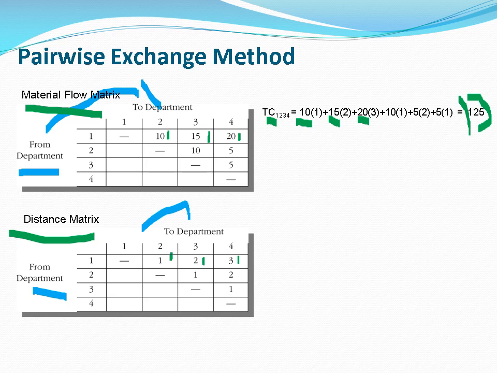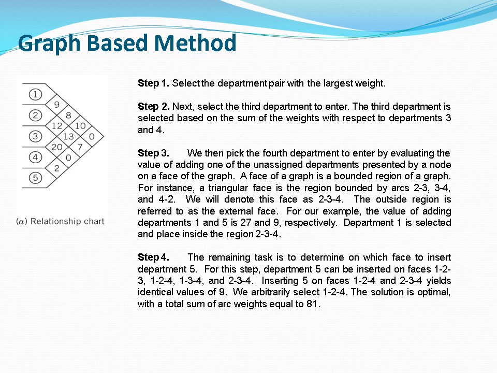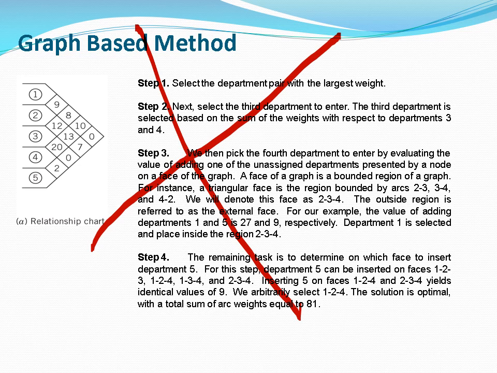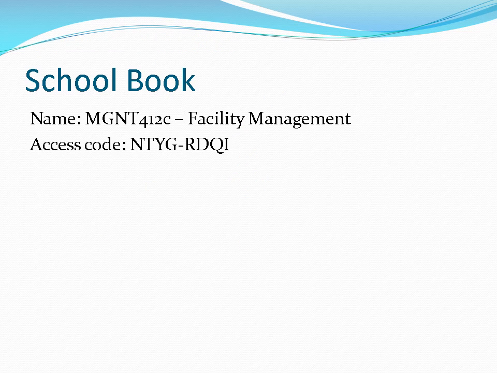There you go. 10 and 1. There you go. 5 and 2. So, how is this going to be laid out? There you go. That is 5 and 1. You multiply those and you get the final answer of 125. Simply, this is just a bonus, but typically graph-based is not included in this chapter. Thank you.